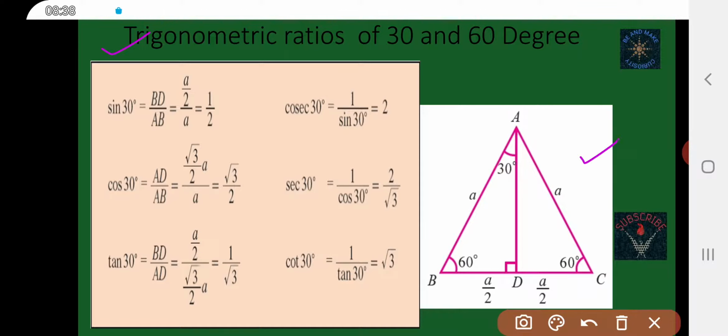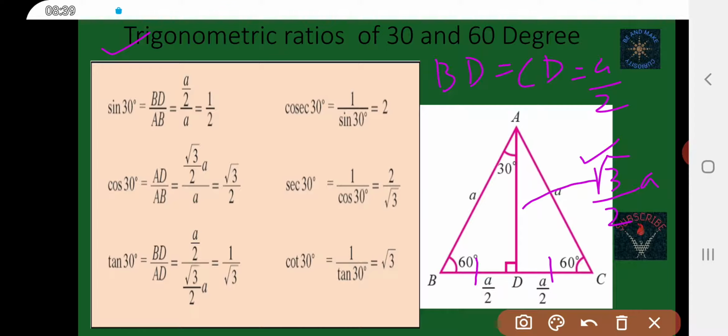Here you see the equilateral triangle, BD is equal to CD is equal to A by 2, and we have AD equal to root 3 by 2 A.